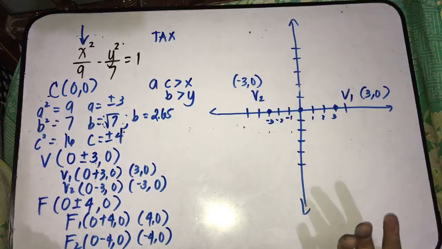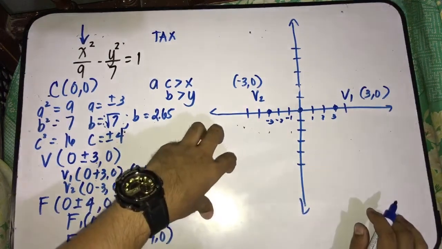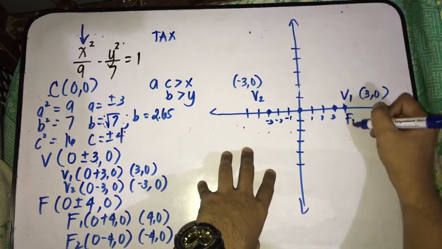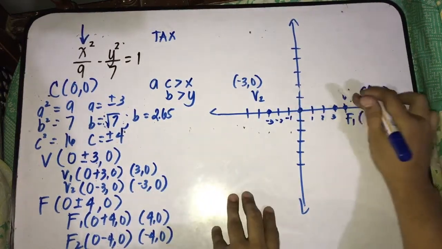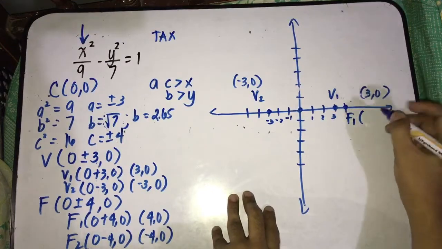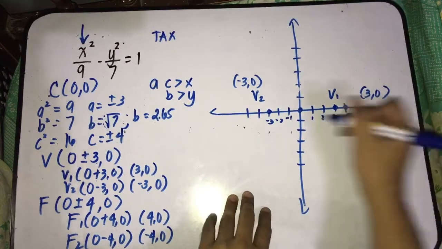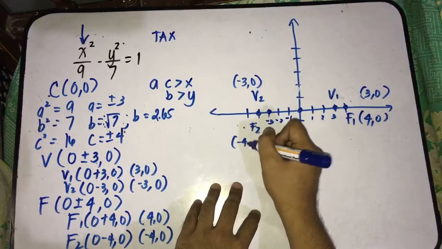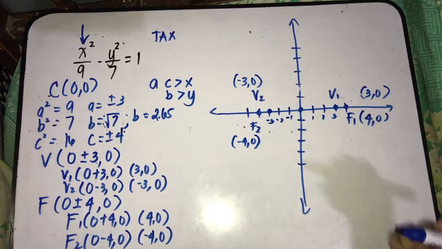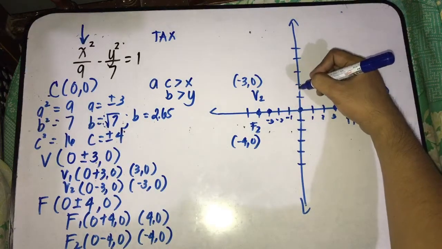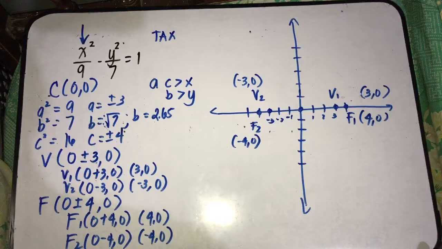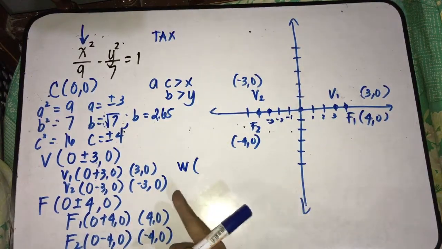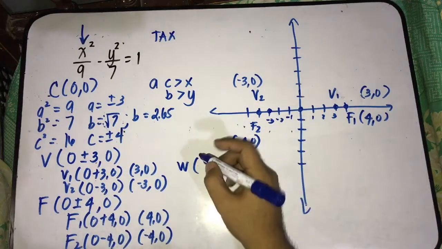For the foci, that is 4, 0, and negative 4, 0. This is F1, located at 4, 0. And we have here F2, located at negative 4, 0. So since this is transverse axis x, we could say that the vertices and the foci lie on the x-axis.